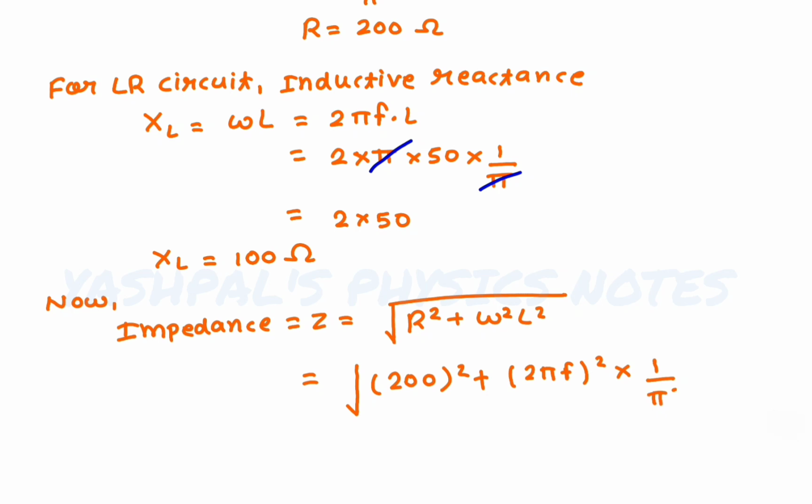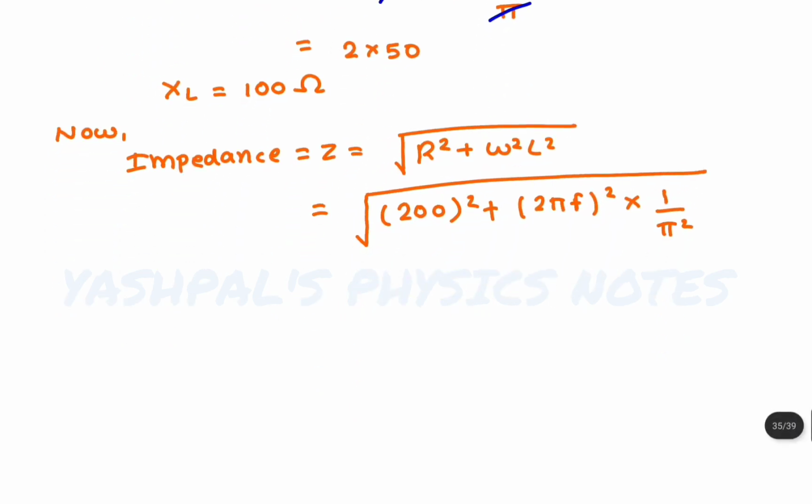So let's simplify this. Under root 200 square plus 2 into pi, okay, let it be just pi, we can directly cancel it out instead of writing 3.14.